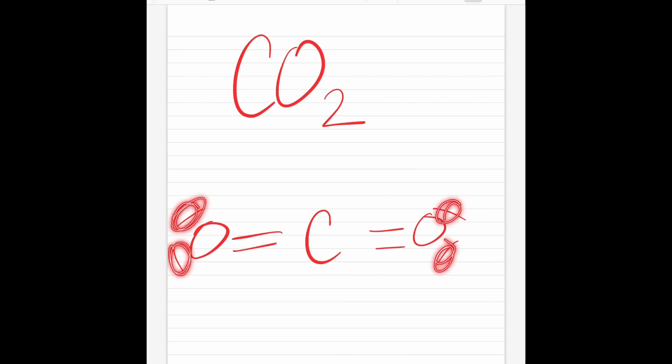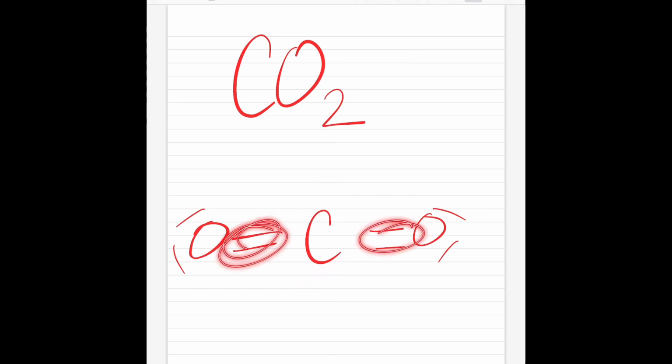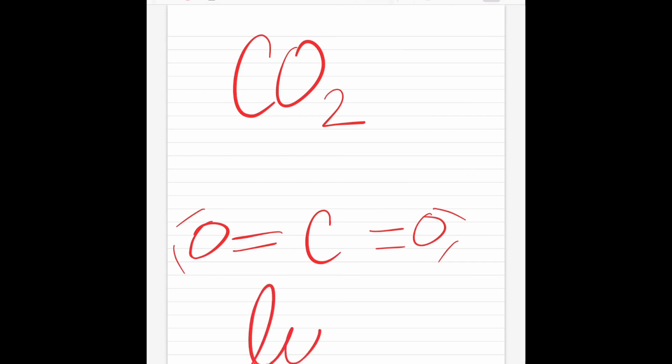It's fine. If you don't do that, it's fine. But the point is you've got 2 double bonds. Now this is straight across. There's no lone pairs on the center. If this was straight across and there was a lone pair here or here, that would be bent. But there are no lone pairs. There's 2 double bonds. So this is linear.